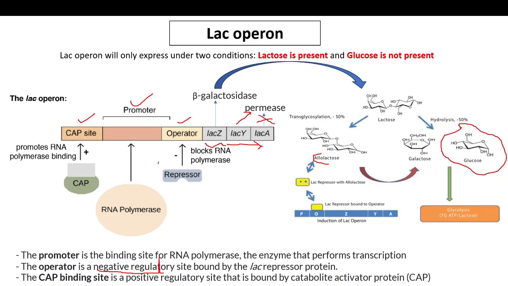So if the repressor, the lac repressor, which we will talk about in detail in the next slide, binds to this operator, then the promoter site is partially blocked, and the RNA polymerase can no longer bind to this promoter, and the transcription of these genes is inhibited. So that's why this operator is known as a negative regulatory site.